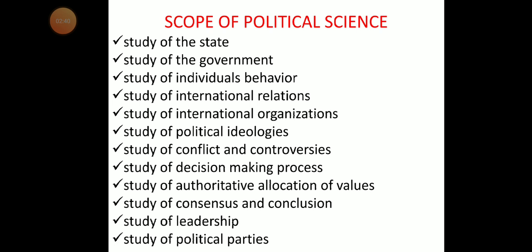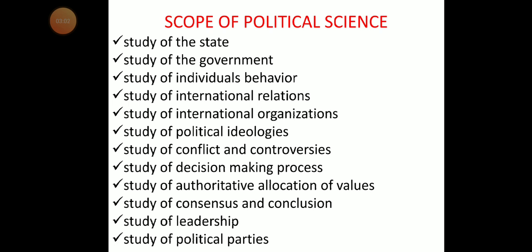So we study all those forms, as well as the relationship of the government with the people it governs, or the relationship between the individual and the government, as well as state and government, right?